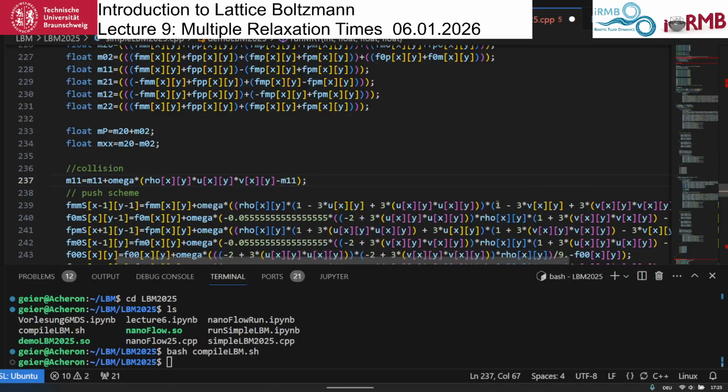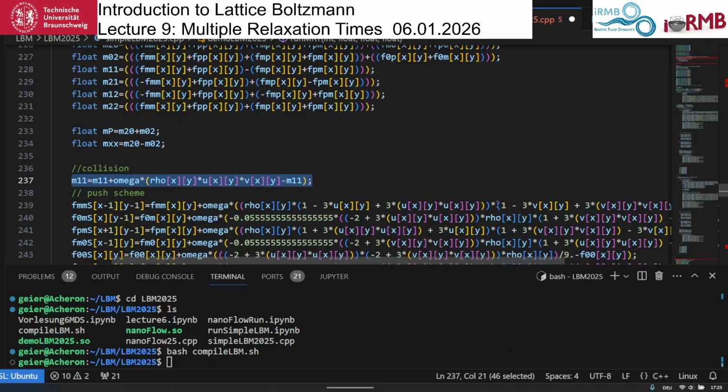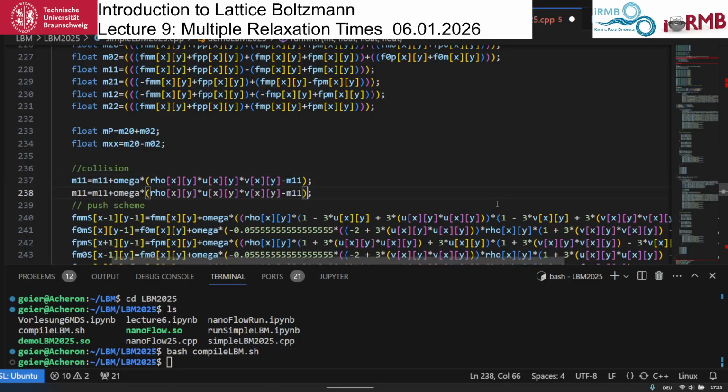This is how MRT works. So MXX. So what is the equilibrium of that guy? MXX.